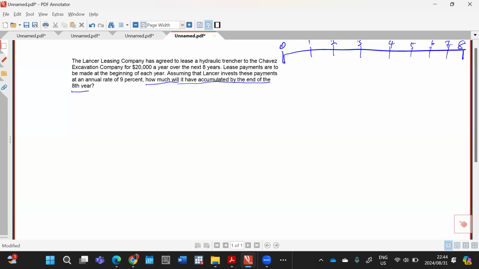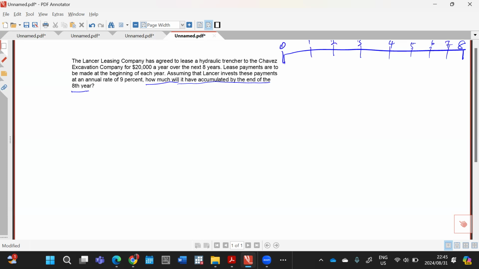So what is happening is, let me just read through. The Lancer Leasing Company has agreed to lease a hydraulic trencher to the Chavez Excavation Company for $20,000 a year, which means each year this company is receiving $20,000 for 8 years.